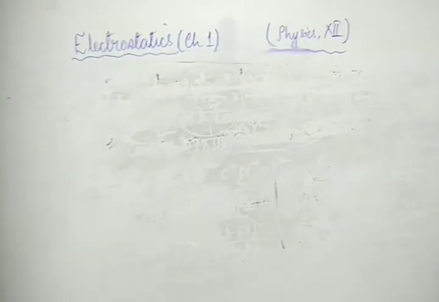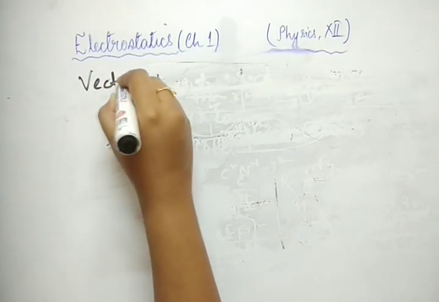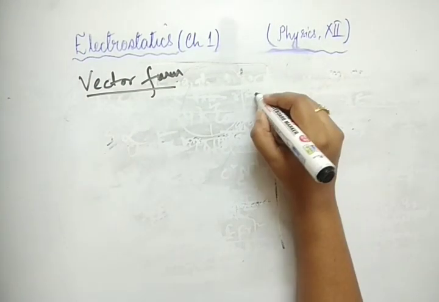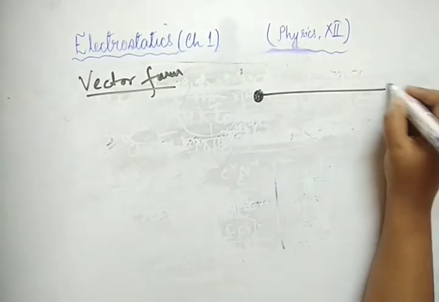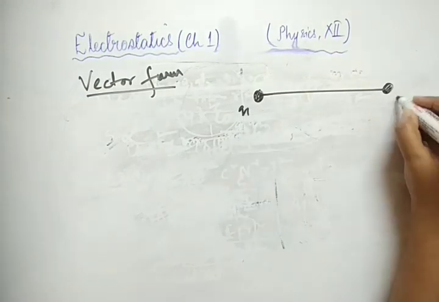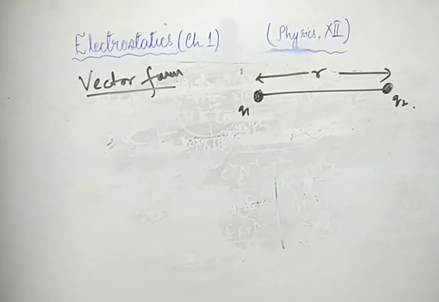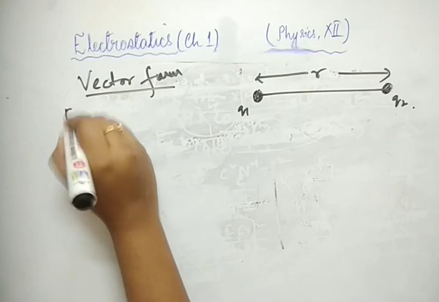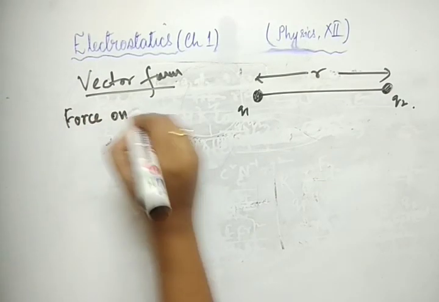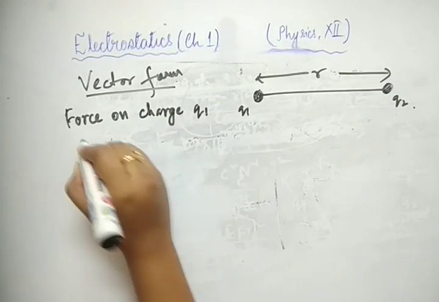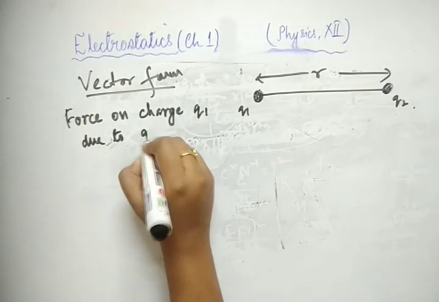So what is the vector form of Coulomb's law? Suppose these are two charges, Q1 and Q2, and let R be the distance between them. Now what will be the force on charge Q1 due to Q2?